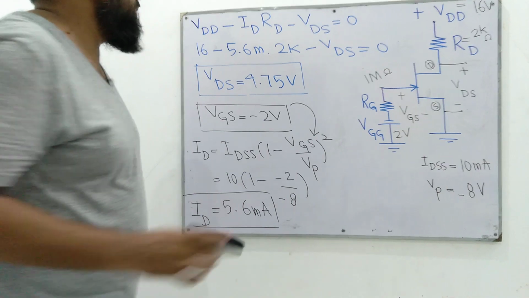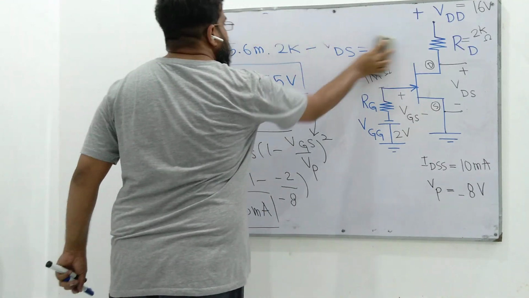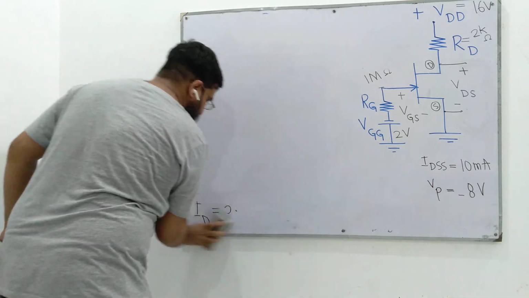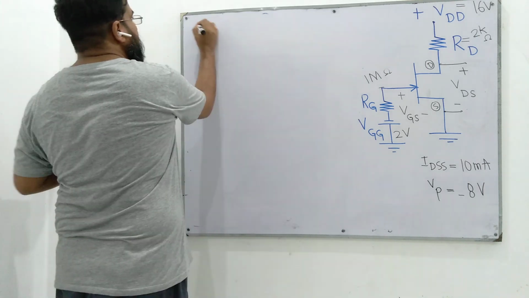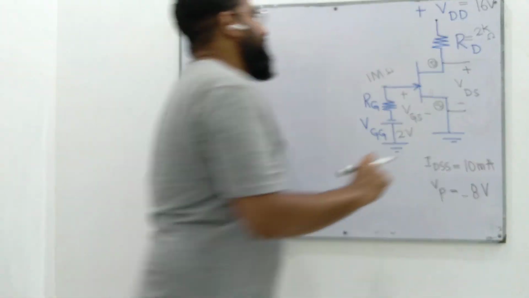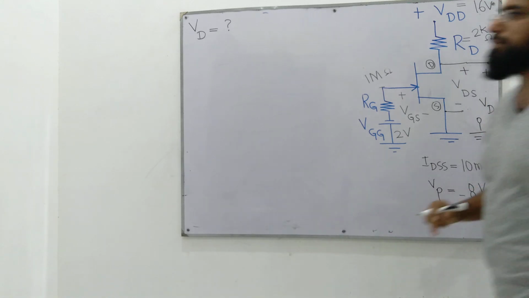In addition to these quantities, we are asked to calculate a few more quantities. That is, we need to compute the voltage VD. It's different from VDS because VDS is the voltage between drain and source, whereas VD is the voltage between the drain terminal and ground.